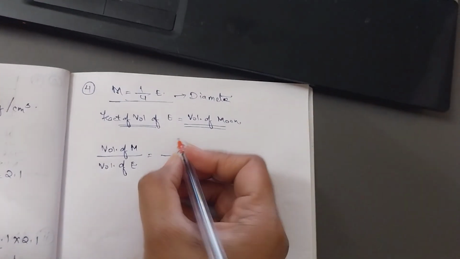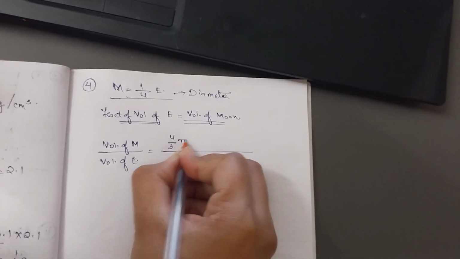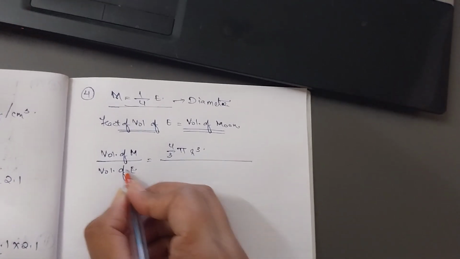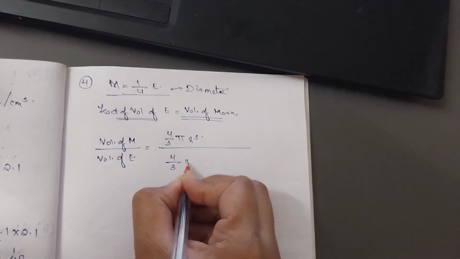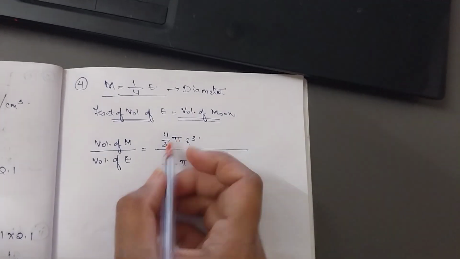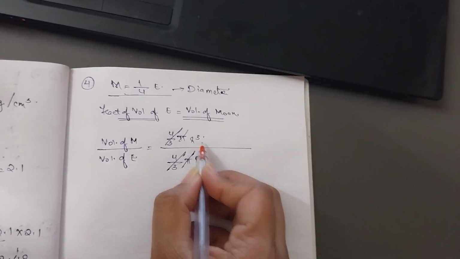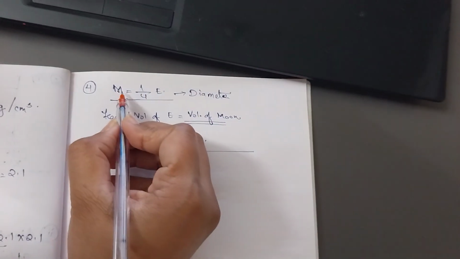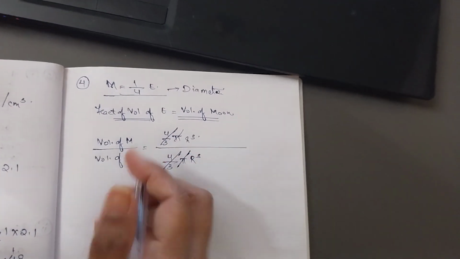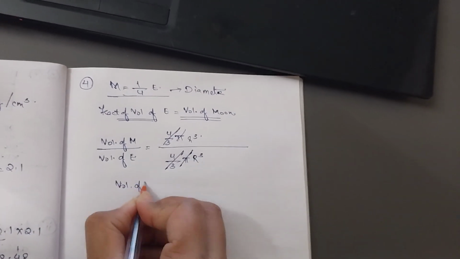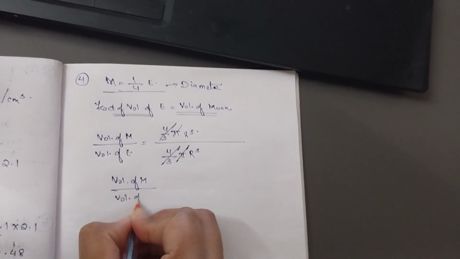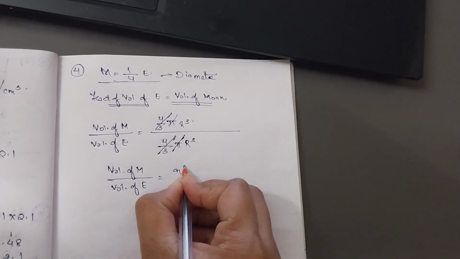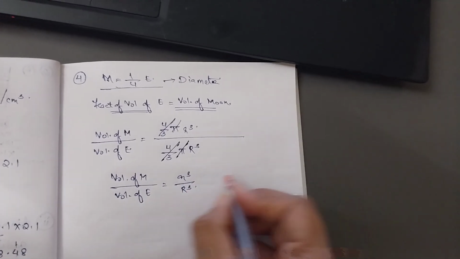Since they both are spheres, 4/3 pi r cube. This is going to be a bigger radius, so I'm going to write it as capital R cube. 4/3 pi r cube and R. Now I need to know the radiuses for this. The volume of moon by volume of earth is equal to small r cube by capital R cube. But do I know the radius?